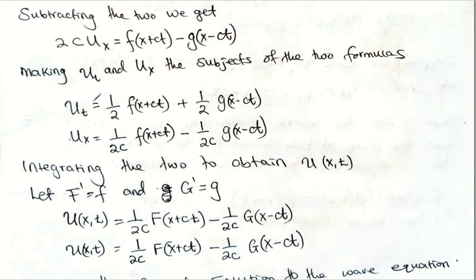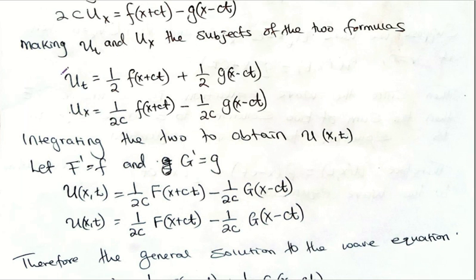For us to get u in this case, we just have to look for the antiderivative of ut, and we'll have gotten u. And we also look for the antiderivative of ux, and in the same way we'll have gotten u. And if the two are the same, then we'll have proved what we are supposed to prove.